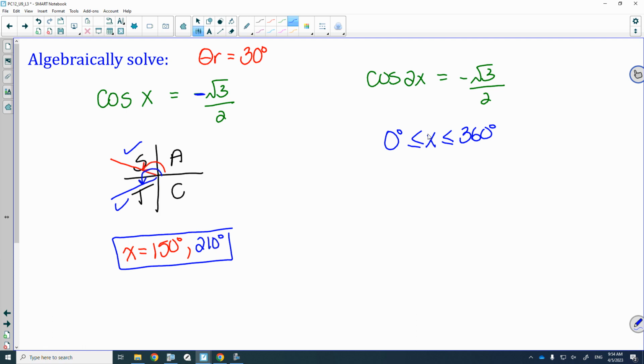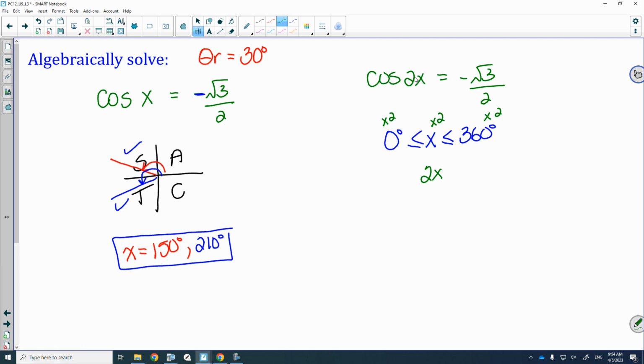So if I want this to be a 2x because my argument is 2x, what I would need to do is I need to multiply this by 2, and you're going to do that to the entire domain. We're going to multiply everything by 2. So now my domain fits what the argument is.